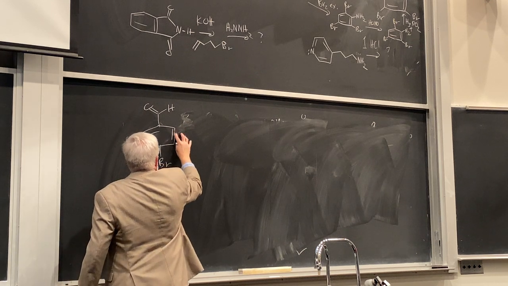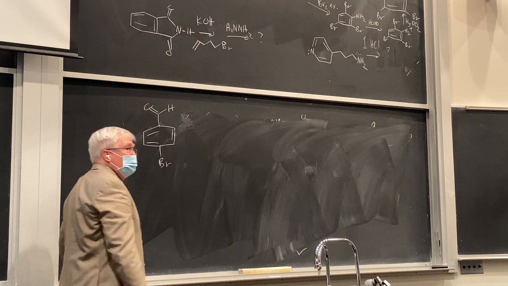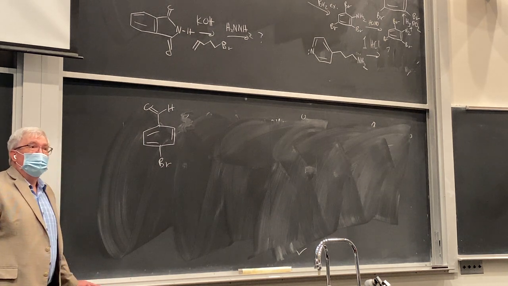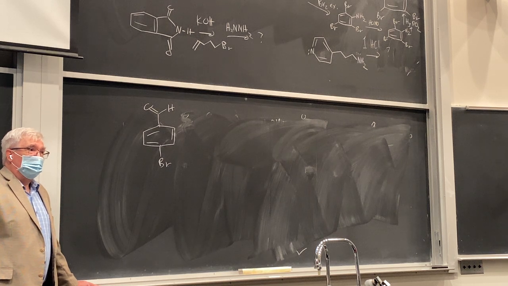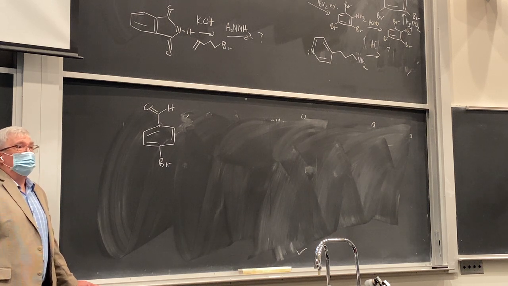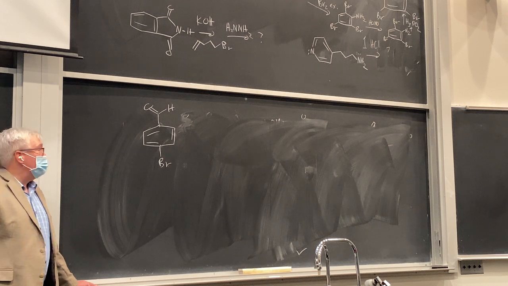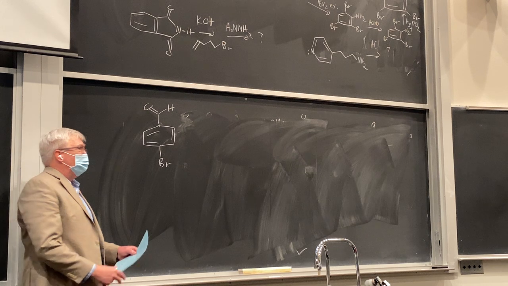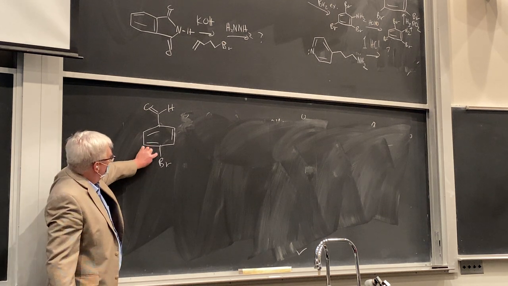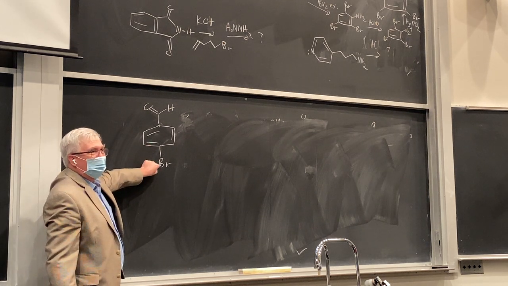Well, we haven't shown you how to make aromatic aldehydes yet. You know how to make aldehydes a couple different ways. From esters, we could make it from a benzoate ester reduction with DIBAL, or from a cyanide, but those are all electron withdrawing groups, and here we need the bromide at a para position.